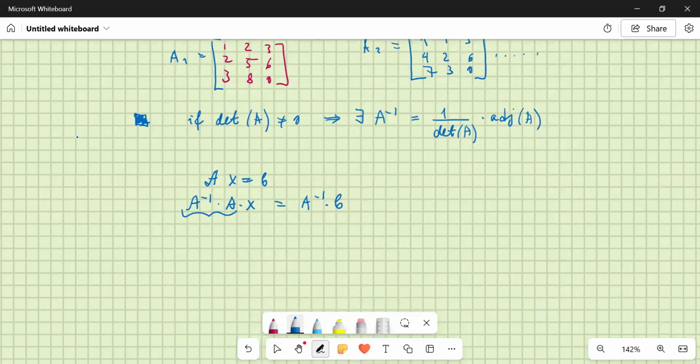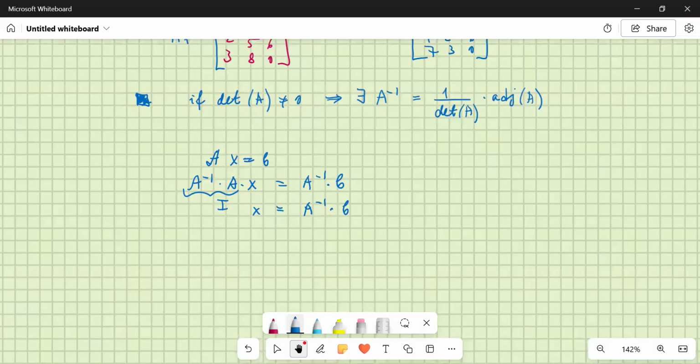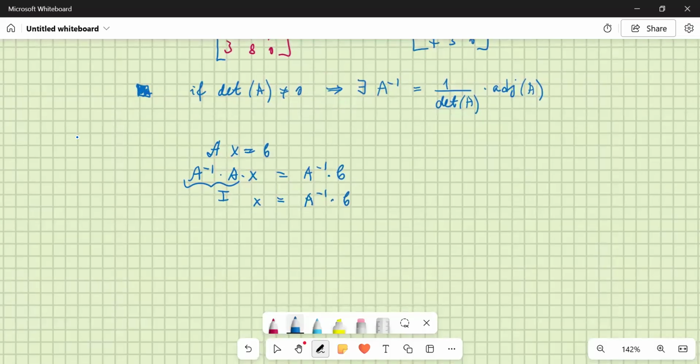Now I know that this is the identity, and my solution is going to be A inverse times B. This is just a reminder why it's looking like this, and I hope that everyone still remembers this. Now I'm going to use my formula and multiply it by B. And later I'm just going to check each column, okay?